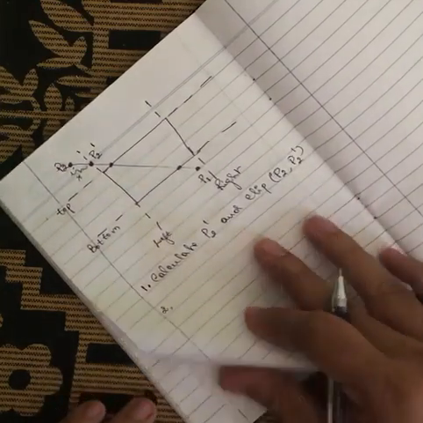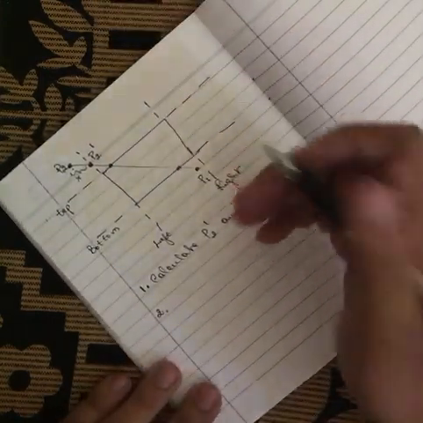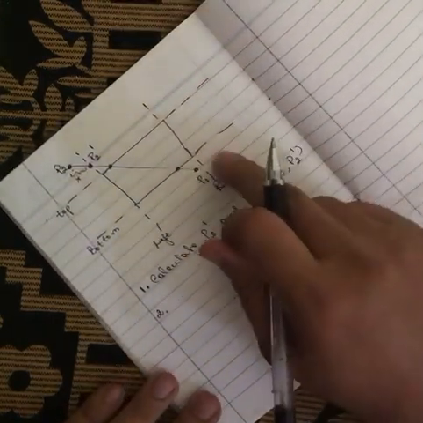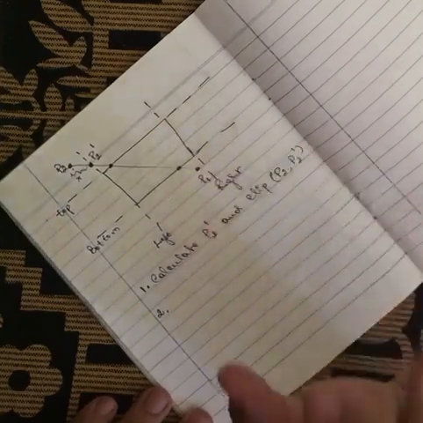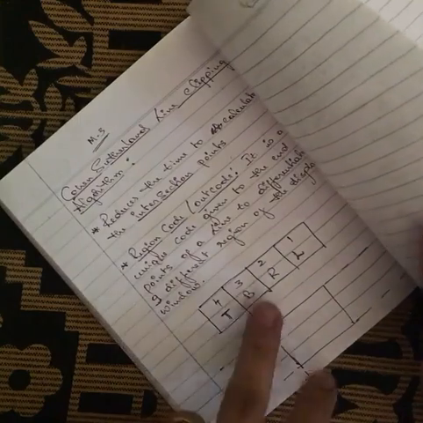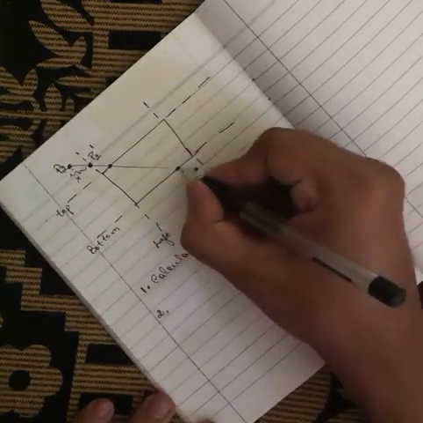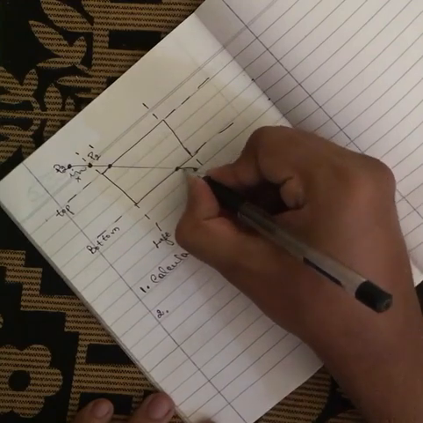Second one, after the left, what do you have? Left, right. You go with the right. Is any part of the line on the other side of the right? There is no part of the line on the other side of the right, so we have nothing to worry about with the right. Next, we have the bottom. Is any part of the line below the bottom? Yes, we have this part of the line below the bottom.